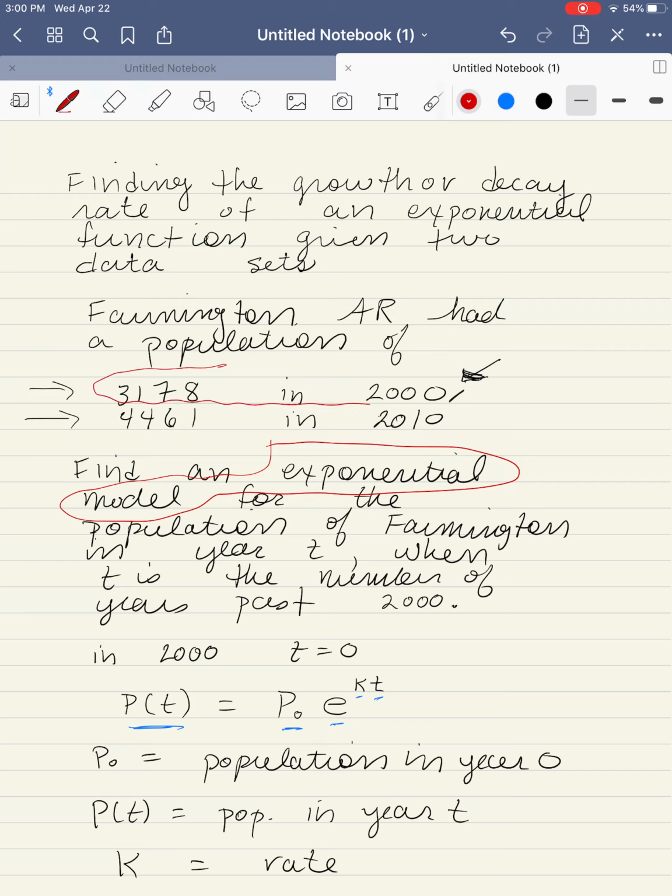All right. We see already given in the problem, we have two amounts. We have 3,178 in the year 2000. What that's saying is that when T equals 0, because T equals 0 in 2000, P of T, or P of 0, the population in year 0, is 3,178. So P of 0 is our starting amount, is the exact same thing as P sub 0.